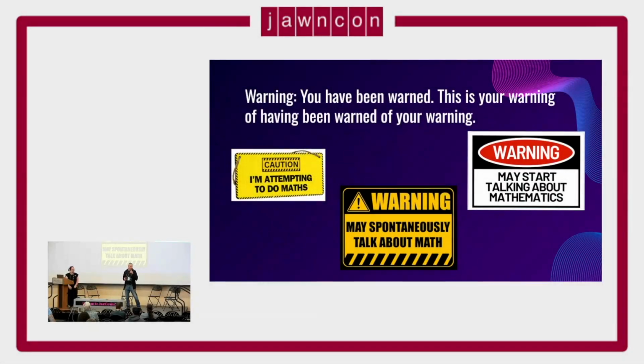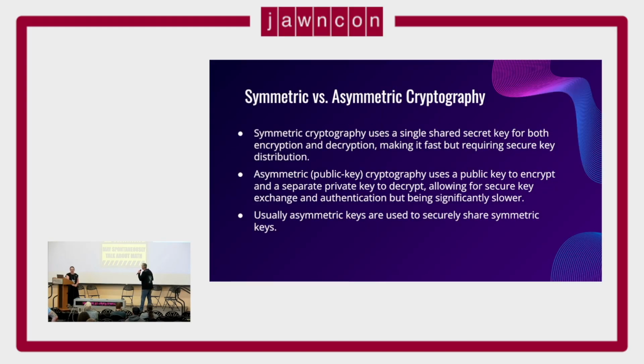So warning, we're going to talk about a lot of math. So you have been warned. So first, let's talk a little bit about symmetric versus asymmetric cryptography. In symmetric cryptography, we create a key, we encrypt something with that key, we decrypt the same thing with the same key. In asymmetric cryptography, typically known as public key cryptography, we create a public key and a private key.